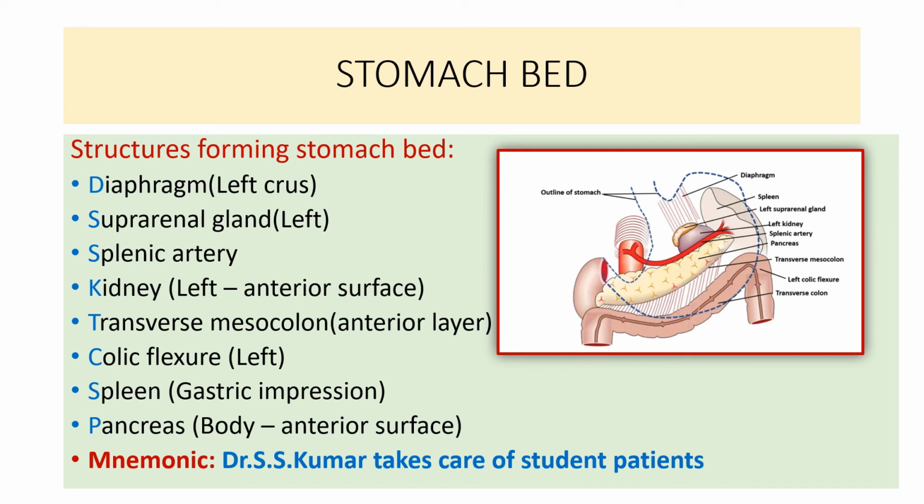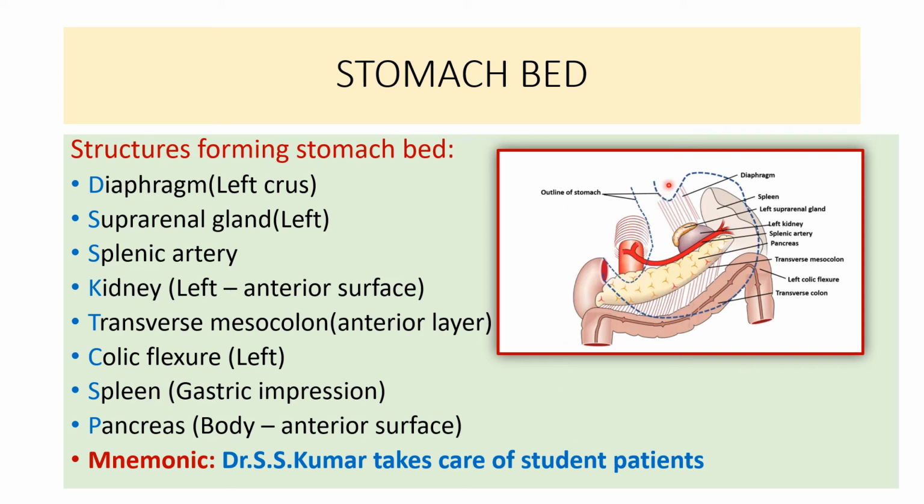Now let us see the structures forming the stomach bed. In this picture, you can see the outline of the stomach shown in dotted lines, and whatever structures are shown here are related to the postero-inferior surface of the stomach and form the stomach bed.